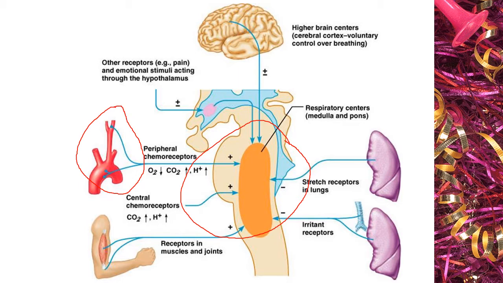And then you have other receptors, such as in the lungs, the stretch receptors, and the irritant receptors. Also available there are receptors in the muscles and joints, and other receptors that we've talked about, for example, in the limbic system and the hypothalamus, where it's related to emotional stimuli.